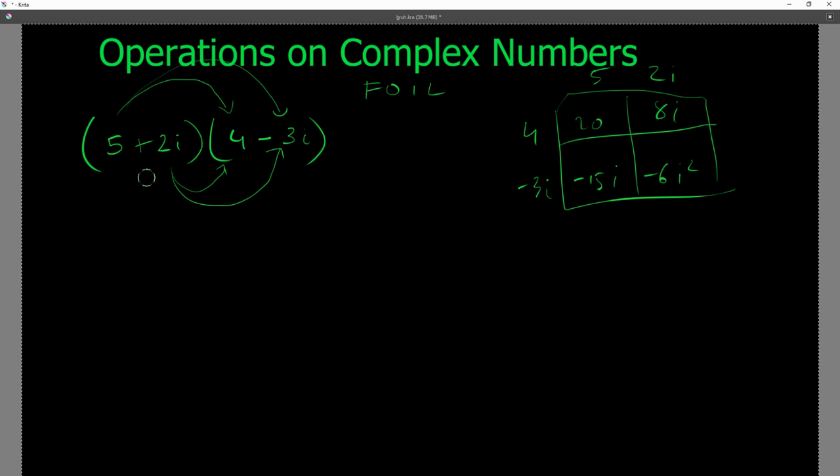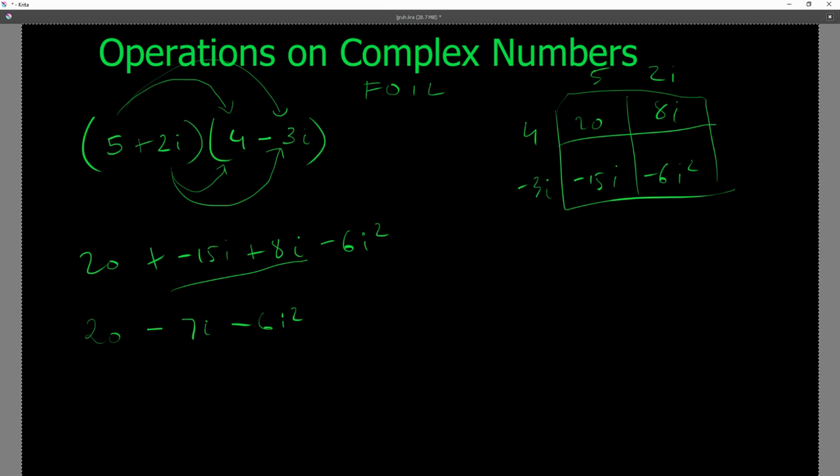You know, or you can do it this way. So this one, 5 times 4 is 20, plus 5 times negative 3i is negative 15i. And then 2i times 4 is 8i. And then 2i times negative 3i is negative 6i squared. Okay, you get the same thing here. And then you got to combine the i with the i, the middle term. So you have 20 minus 7i minus 6i squared.